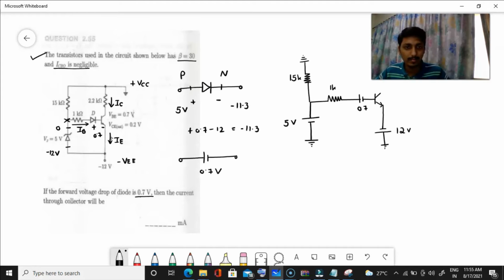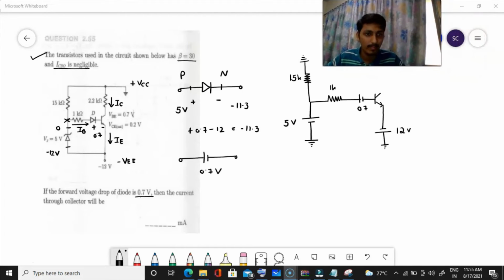You can do it here also. And the 2.2k, which is basically grounded here. Okay, so this is the simplified version of the diagram, with minus 0.7 as the base to emitter voltage.